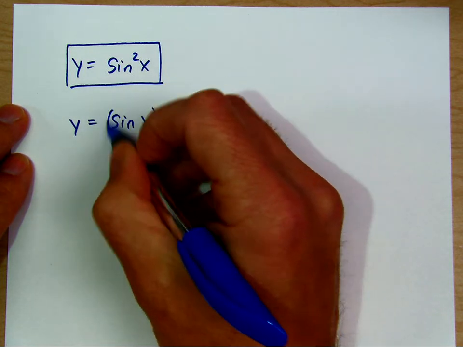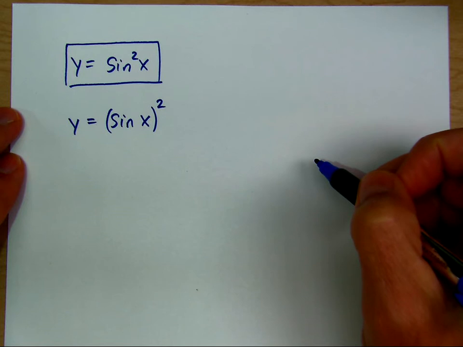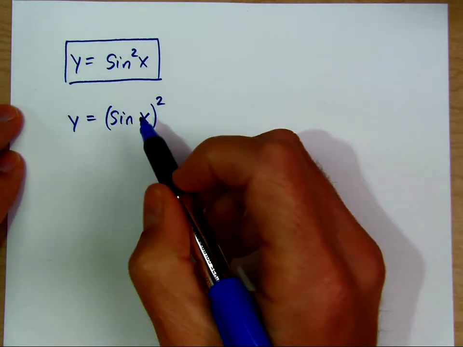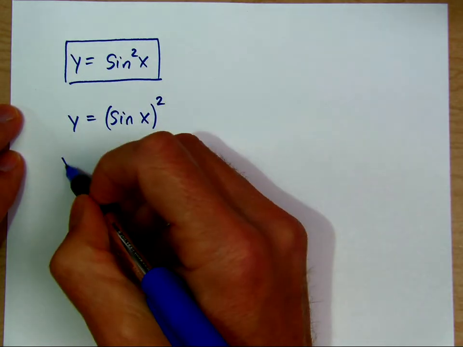Now, we have to remember that that 2 means this. So if we write it with parentheses, it's easier to see and easier to remember what is inside and what is outside.